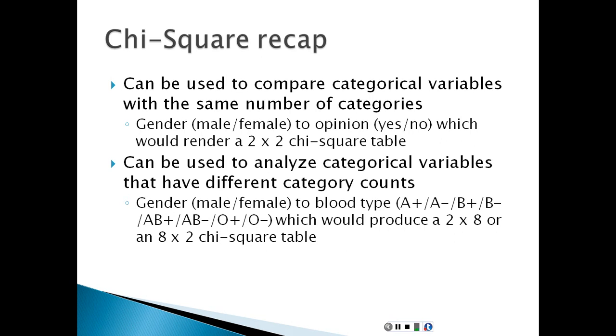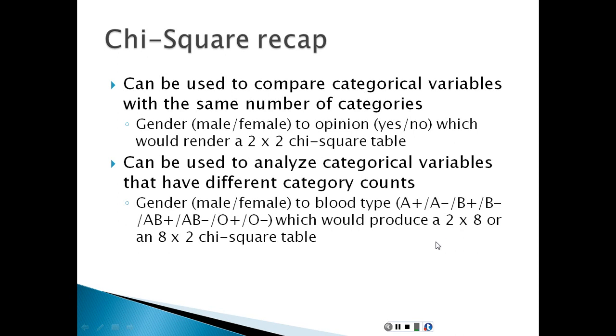Now remember I said chi-square can also analyze categorical variables that have a different number of categories. So for instance, what if I wanted to examine the correlation between gender and blood type? So gender here only has 2 categories, however blood type has 8 categories, and this would produce a 2 by 8 chi-square table or an 8 by 2 chi-square table.